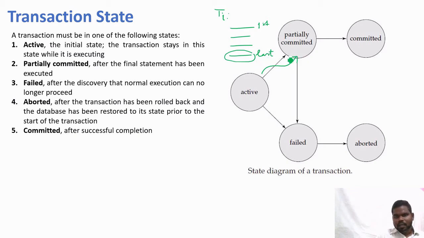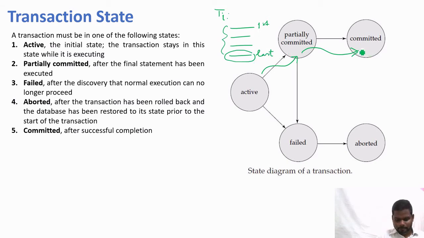Okay, after the last operation, all the data is written into the secondary storage, that is the hard disk. Then the transaction enters into the committed state. It means after the transaction enters the committed state, if the system fails, all the data that is already updated in the database persists. So there is no loss of data. That is the meaning of committed state.